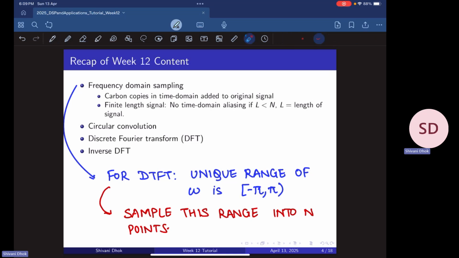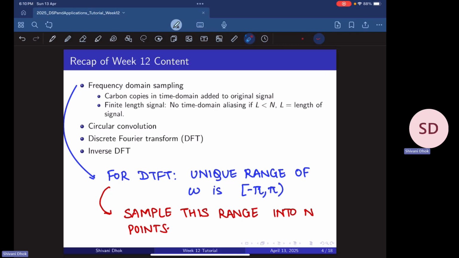Once we sample this range into N points, as a result we get carbon copies or replicas of the time domain signal at every integer multiple of N. These get added to the original signal. So this brings an inherent periodicity to an aperiodic signal.